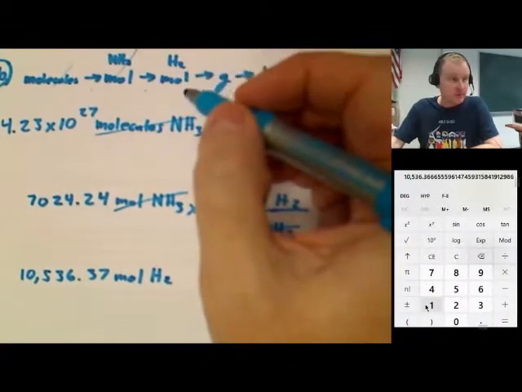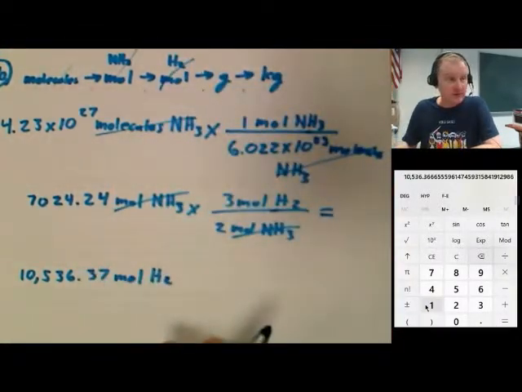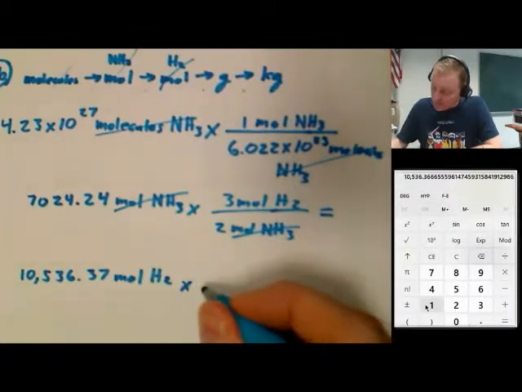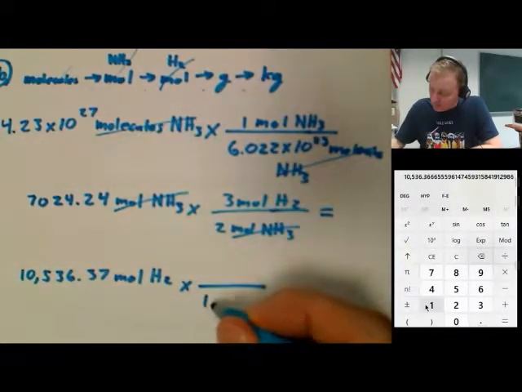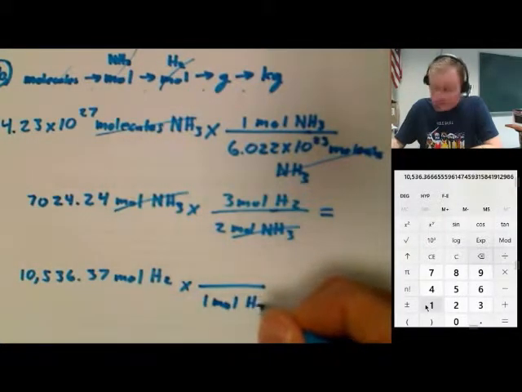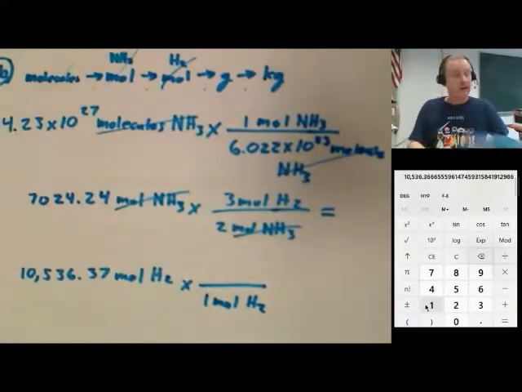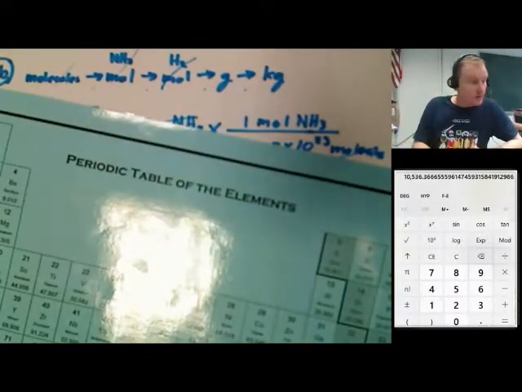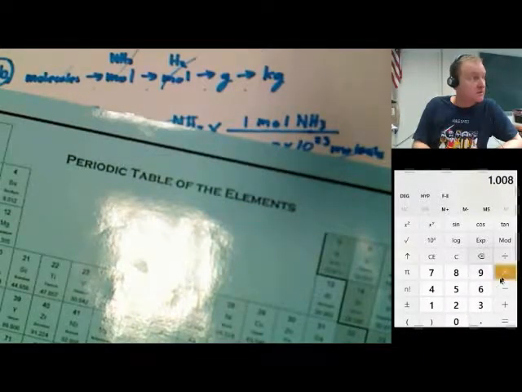So that canceled out. Now let's convert hydrogen into grams. For every 1 mole of H2, we have 1.008 times 2, because there are 2 hydrogens.